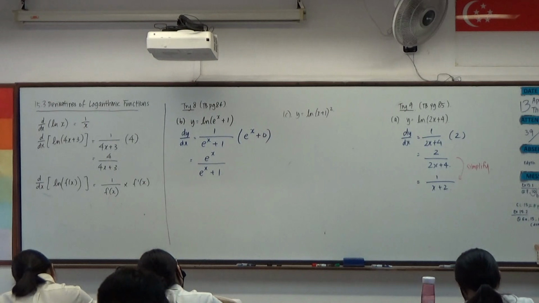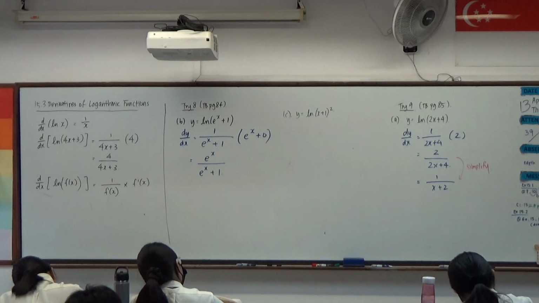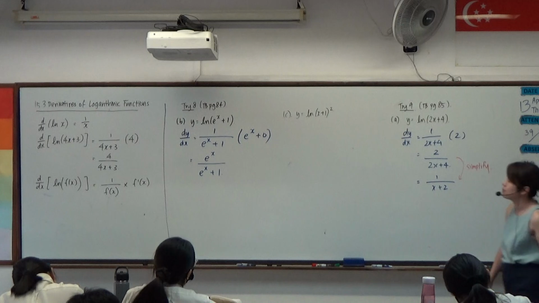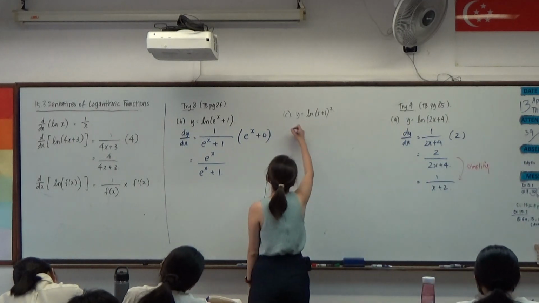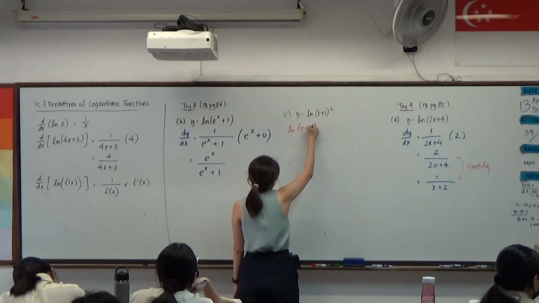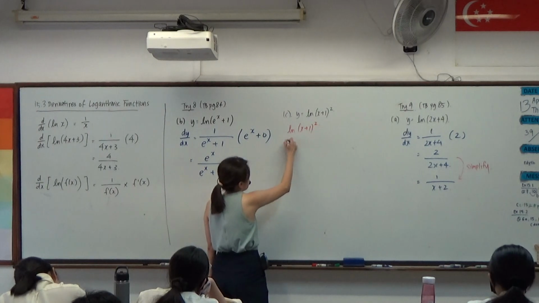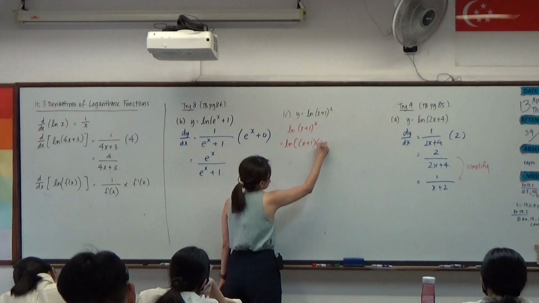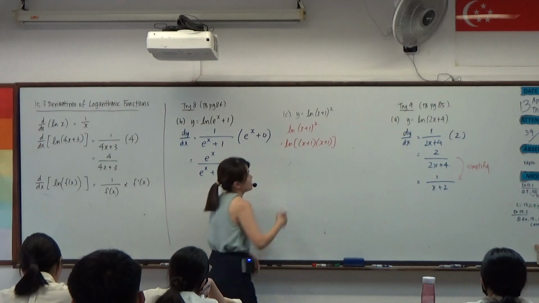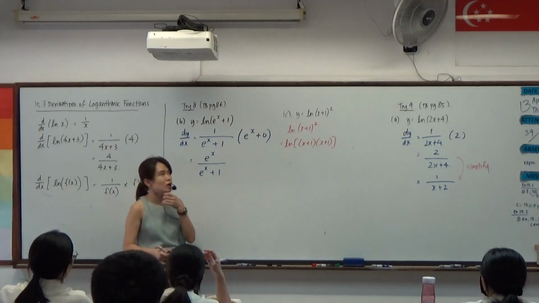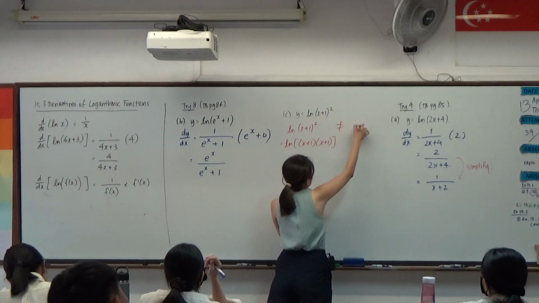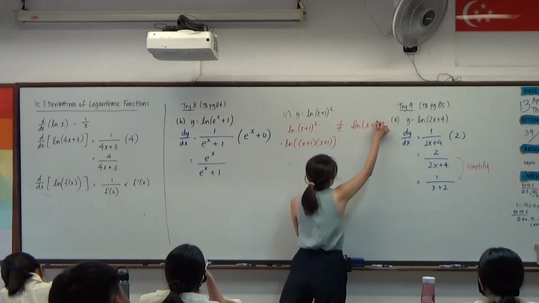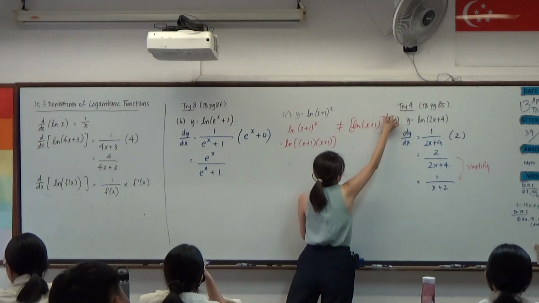Okay. Now, this one, logarithm of x plus 1 bracket square, I want us to be able to know that ln x plus 1 square, okay, means that we're looking at logarithm. The things inside the logarithm is x plus 1 times x plus 1. It is not the same as your ln x plus 1 whole thing squared.